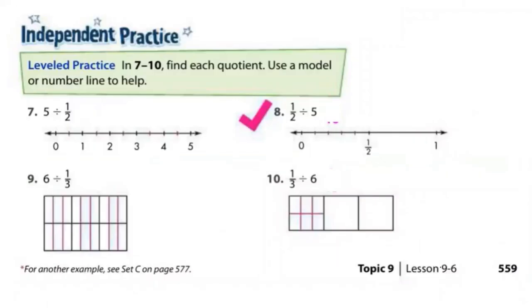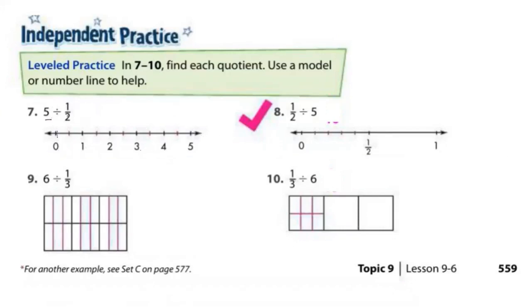Find each quotient. Use the model or the number line to help you. If you want to draw the model, draw it according to the whole number given. But he made it easy for you and gave you a number line here and represented the whole number first. The whole number here is 5. So he drew the number line from 0 to 5. 0, 1, 2, 3, 4, 5.